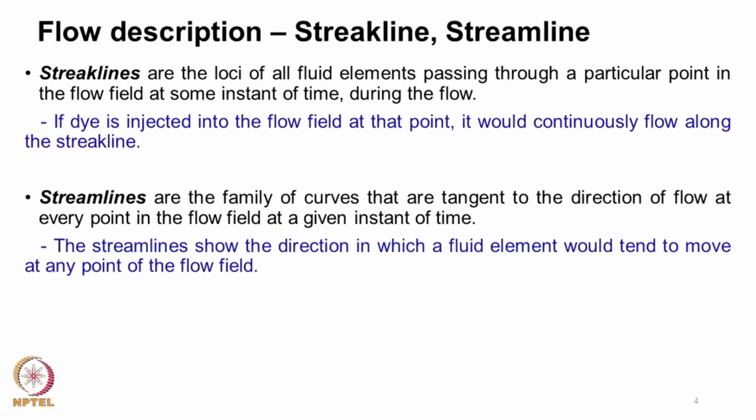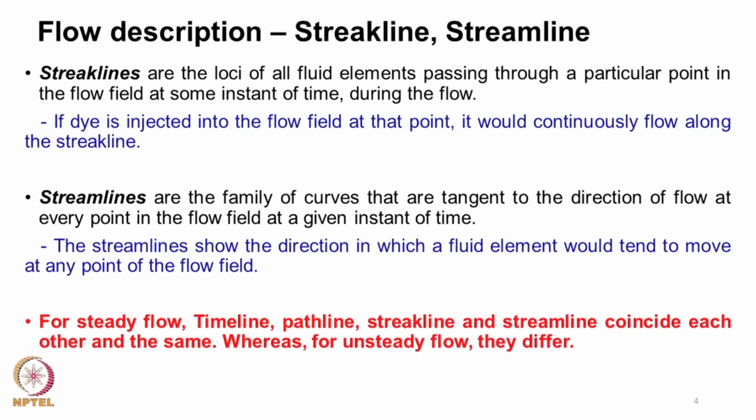Streamlines, so this is a standard definition which all of you know: a family of curves which are tangent to the direction of the flow at every point at a given instant. So if you draw a tangent to a streamline, then you get the velocity vector at that particular instant. Your streamlines show the direction in which the fluid element would tend to move at any point of the flow field.